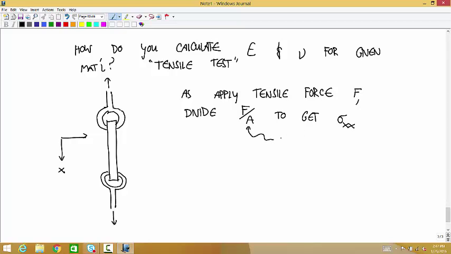This area is the cross-sectional area before deformation. And then you measure the length change in this piece as you stretch it.